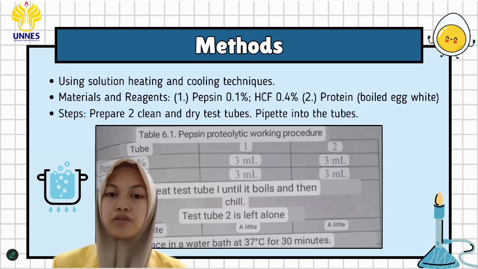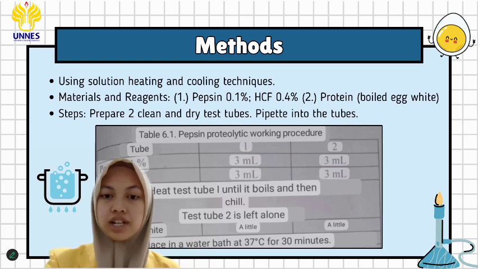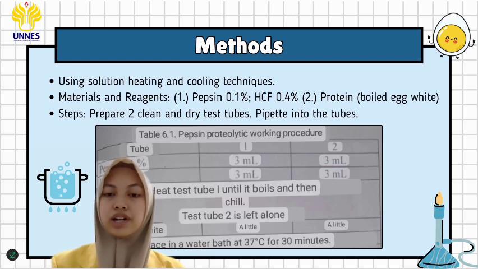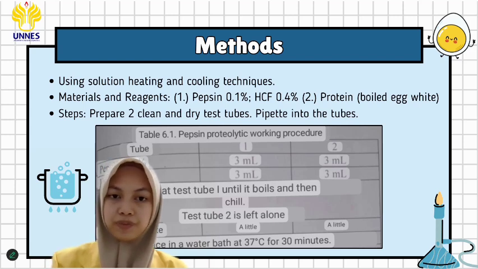Then a few pieces of boiled egg white are added as a medium to both. Put them in a water bath at 37 degrees Celsius for 30 minutes and observe the changes that will be described in the result and discussion.